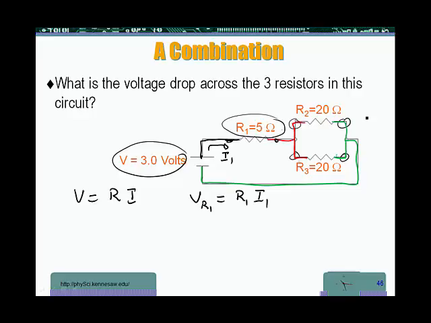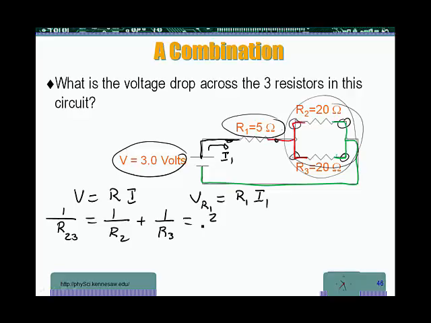One way to simplify it is to reduce R2 and R3 into their equivalent resistance, R23. R23, I can find since they are in parallel by using 1 over R23 is equal to 1 over R2 plus 1 over R3. Here, since R2 and R3 are the same, it's 2 over R2, and R23 is then just R2 over 2, which is 10 ohms.